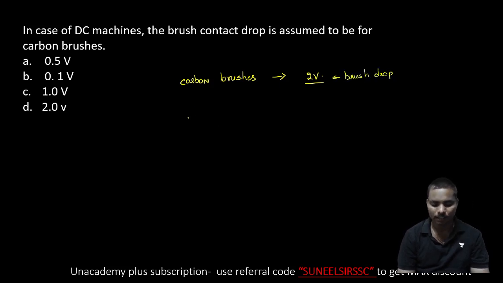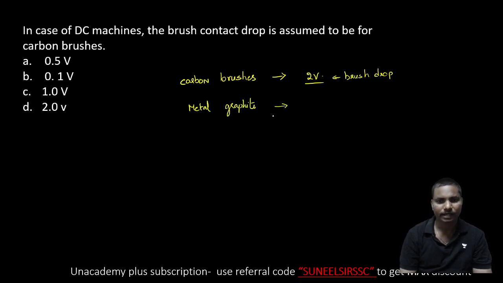In metal graphite, the metal has high conductivity, so less voltage drop, about 0.5 volts. Metal graphite is used in case of high ratings, while carbon brushes are used for normal ratings.